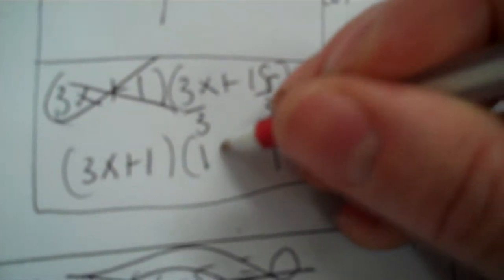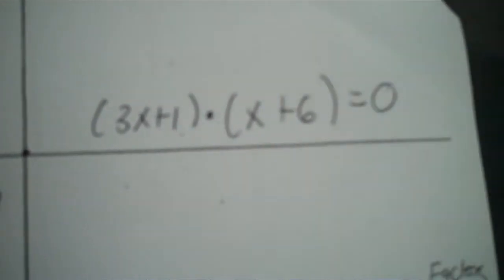And then my second factor, the 3 and the 18, there's 3, there's 18, that would be in the third row. So it's going to be 1x plus 6. Now I'm going to scratch out the 1. It has to be a 1 to scratch out. So x plus 6, since 1x and x mean the same thing.